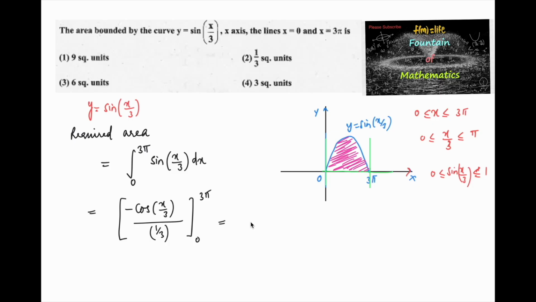So we can also write this as minus 3 times cos of x by 3 over the limits 0 to 3 pi.